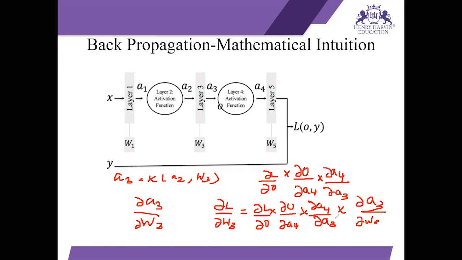If you look at the chain rule, this part and this part correspond to, we are left with ∂L/∂W3. And this is the quantity that we are interested in. This quantity tells us how our loss function will change if we change our weights W3. And that's what we want, right?